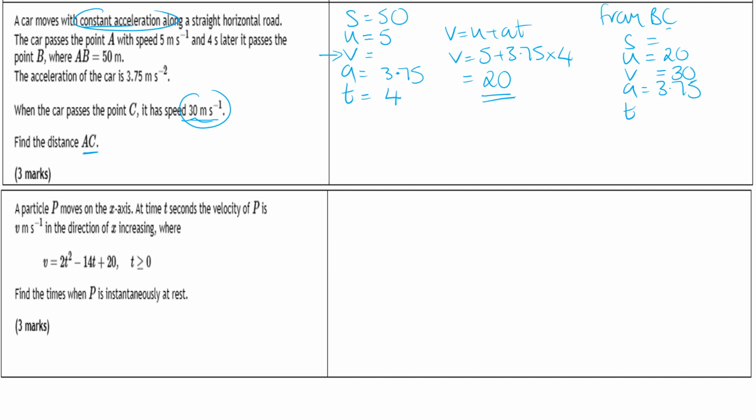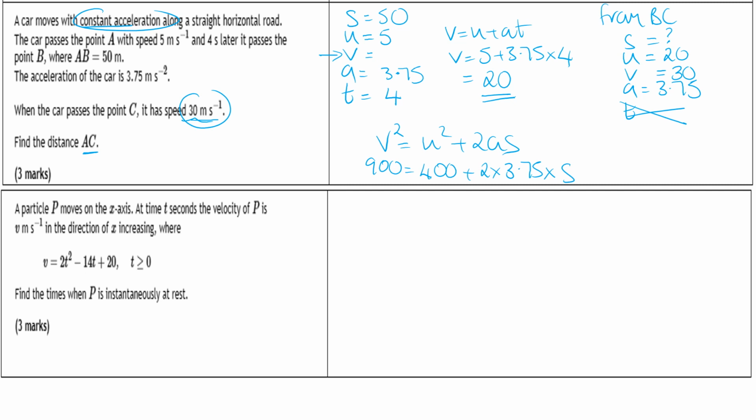We're interested in the distance, so I want a Suvat equation that doesn't involve time. So v squared is equal to u squared plus 2as. v squared is going to be 900, u squared is 400, plus 2 times 3.75 times s.